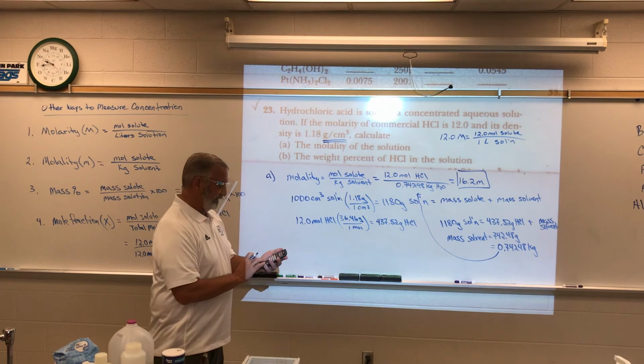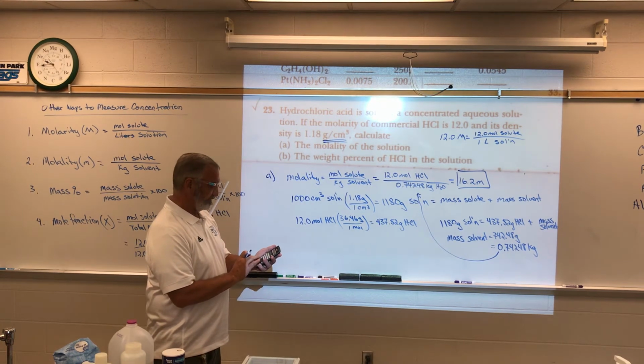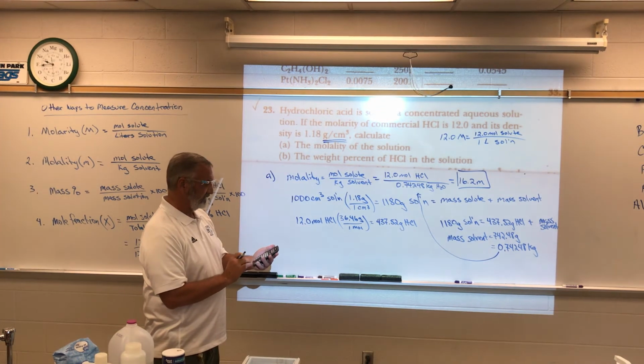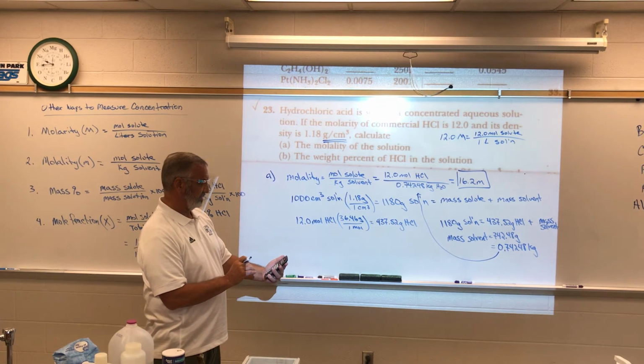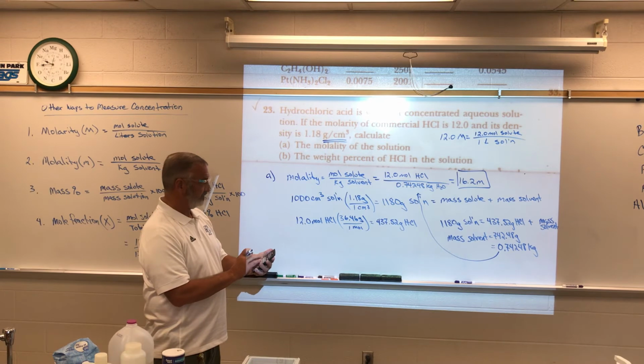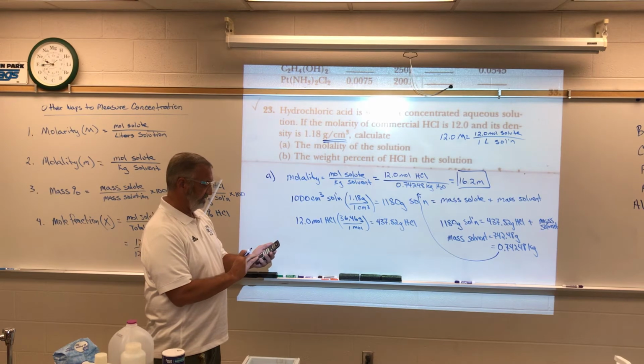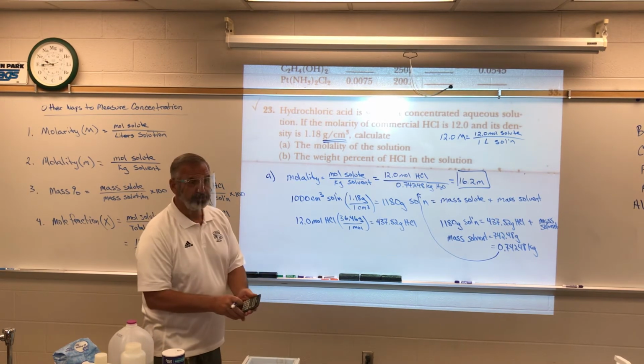So 742.48 divided by 18.02 is equal to, that's not right. Try that again. 742.48 divided by 18.02 equals 41.2 moles.